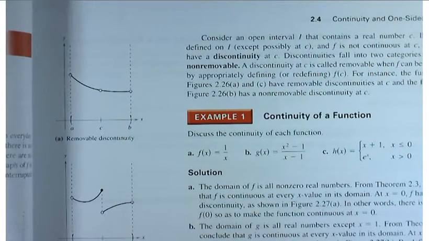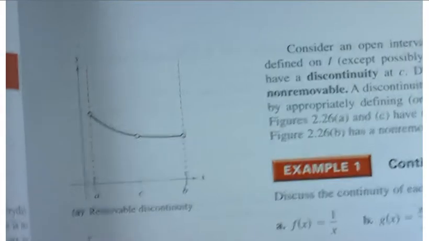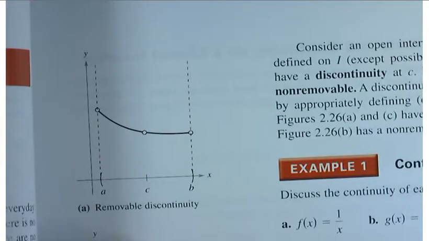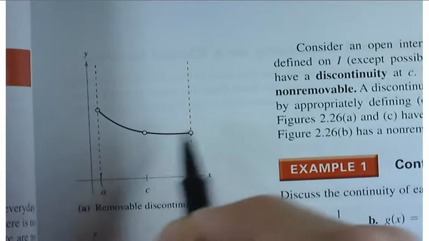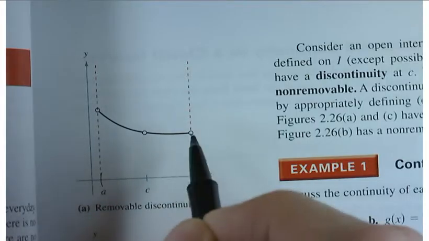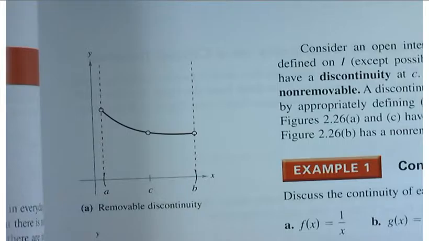What we have there is called a removable discontinuity. So what that means is that I can redefine the function at this point and it'll be a nice, smooth, continuous function. So I could fill in that hole if I wanted to by just redefining the function at that one point.